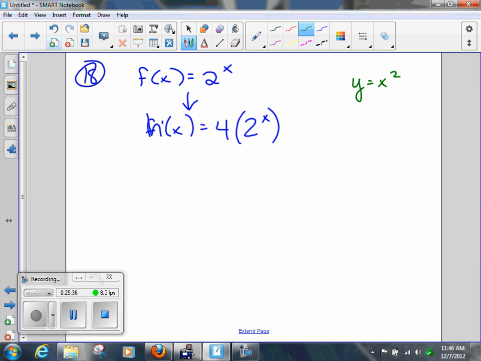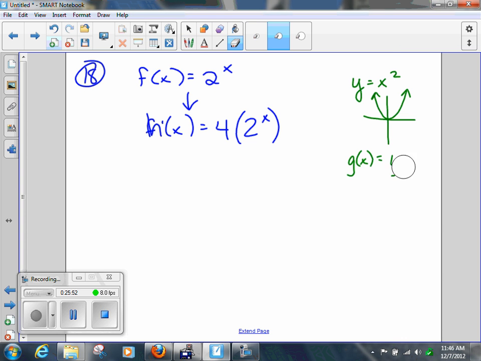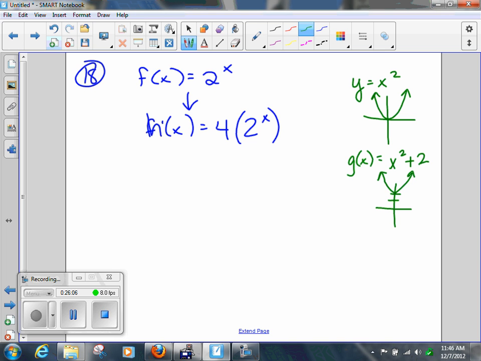We know that x squared is going to look like that right there, correct? If I shift that up 2 units, then what would my function, I'll call it g of x, be? It'd be plus 2, wouldn't it? Now, if you were unsure of that, put it in your calculator. But that's what we're talking about.